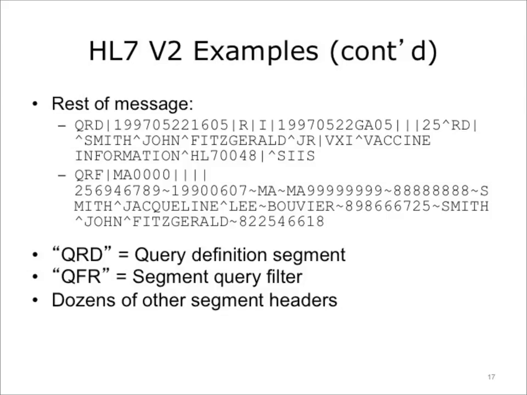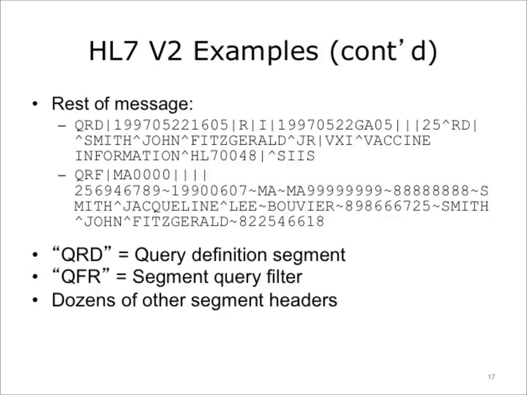After the first pipe, the second field contains the date and time on which the query was made. A later field tells us the subject's name is John Fitzgerald Smith, and so on across several other fields. The next line is a QRF, or Query Filter segment, which may further provide information regarding the subject's family, specifics about the type of vaccination history, and so on.